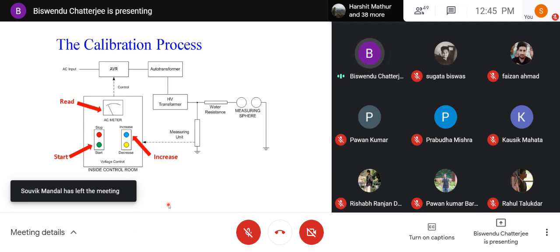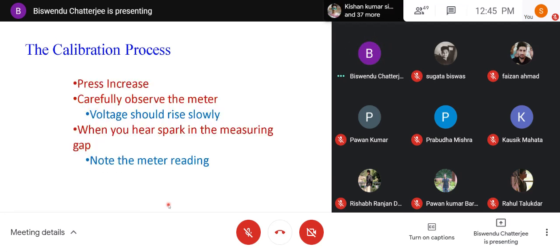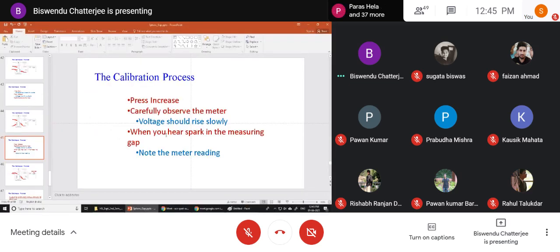Now in the laboratory, when you hear a spark in the measuring sphere gap, note the meter reading.